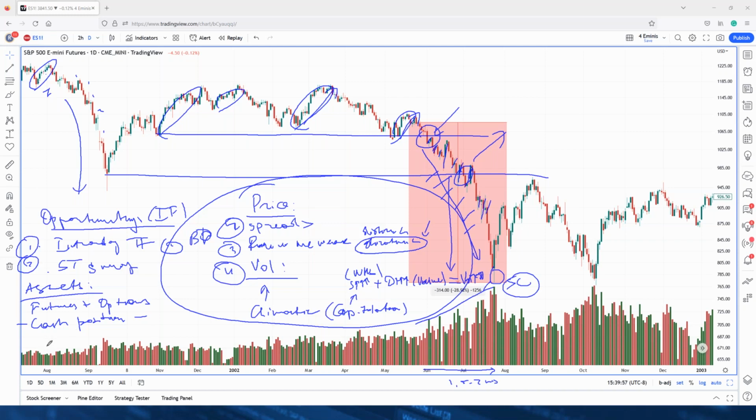And then, what else? Inverse ETFs. So I would be concentrating on these trade parameters: intraday, short-term swing, futures, options, cash, and inverse ETF.